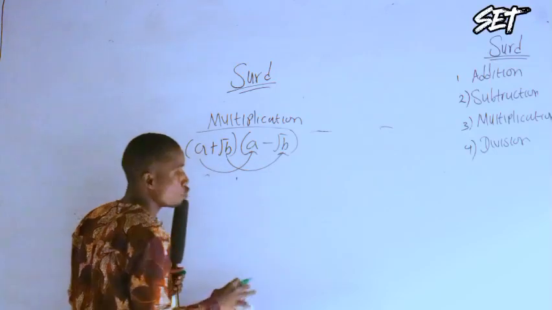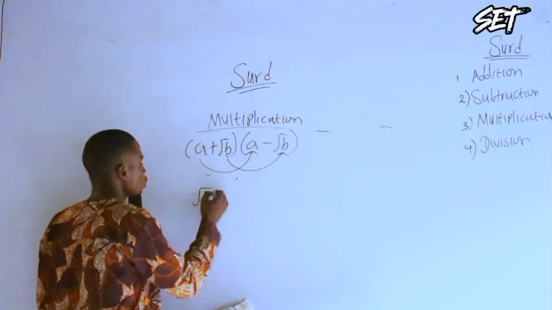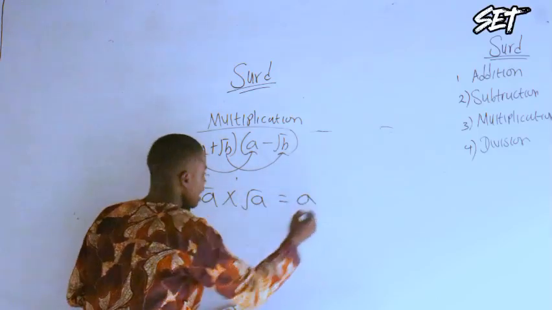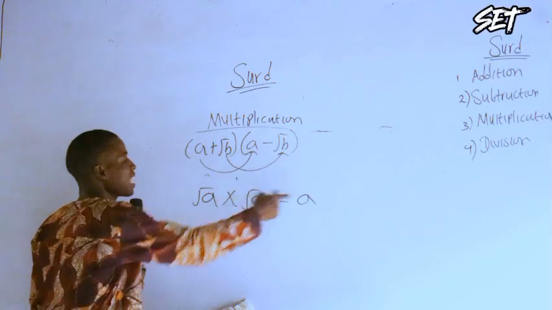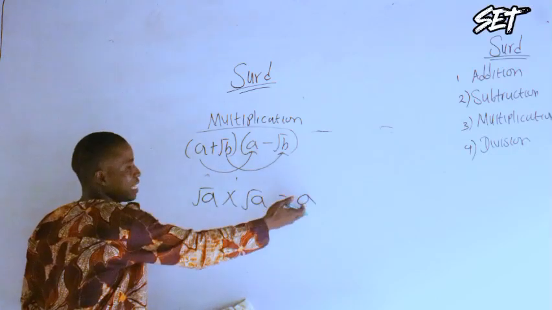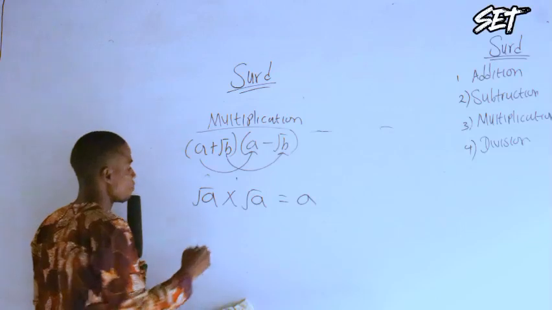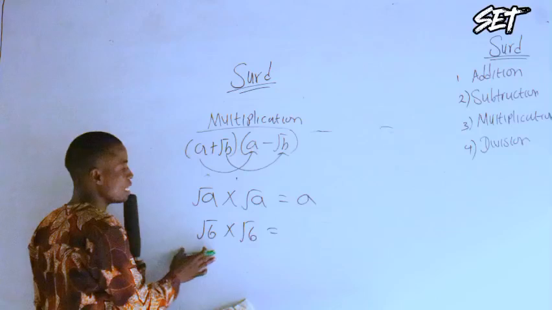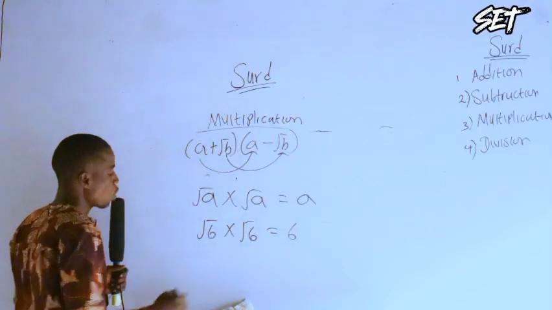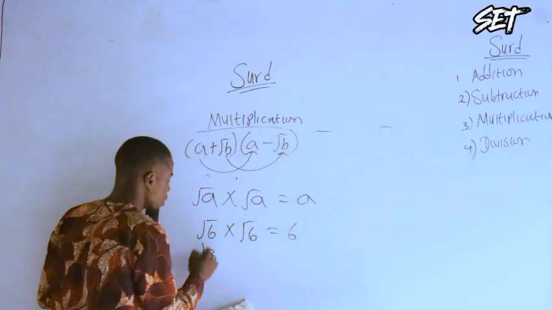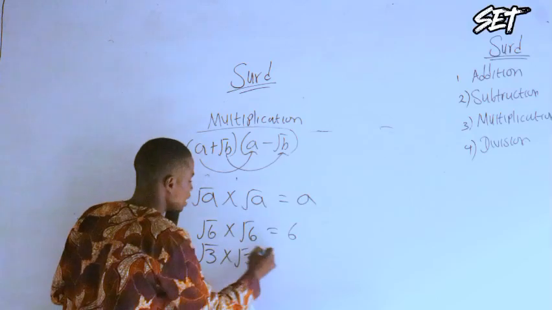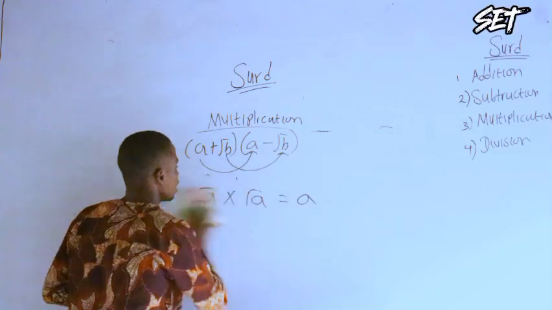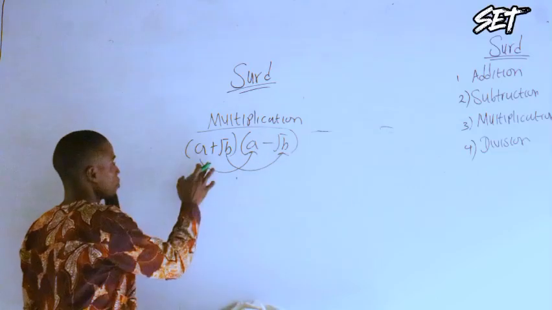Root A times root A is the same thing as A. When they are the same thing and you are multiplying, for example root 6 times root 6, the answer is 6. Root 3 times root 3, the answer is 3. Notice that. That's why let us go back to what we are doing here.